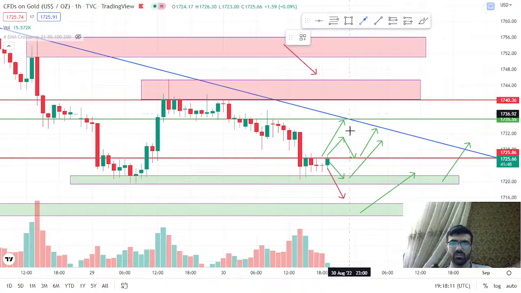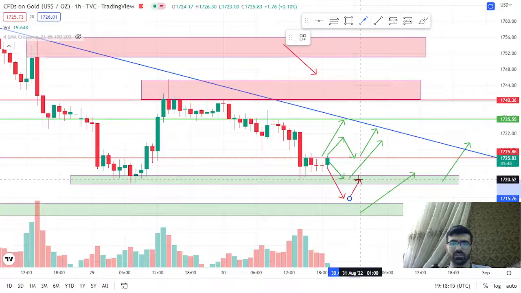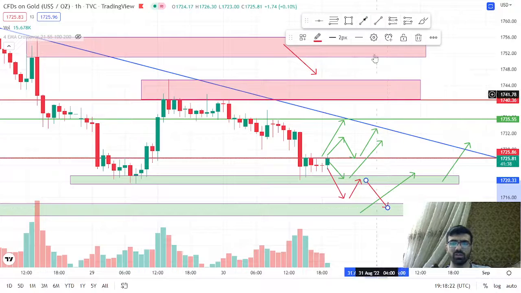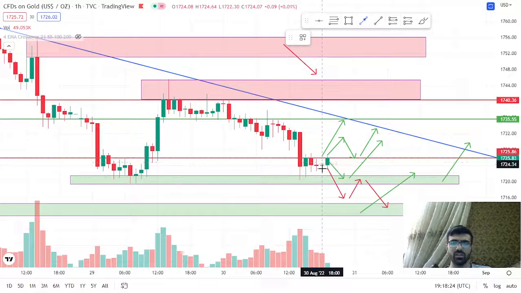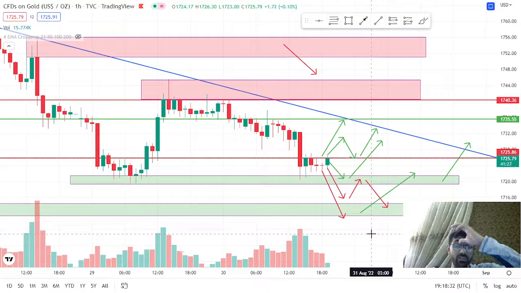If the market breaks past this area, and once again the market respects this area, and the market closes below, then we are going to go short. And another setup would be if the market closes below this area straight away, we can go short. This would be our selling setup.